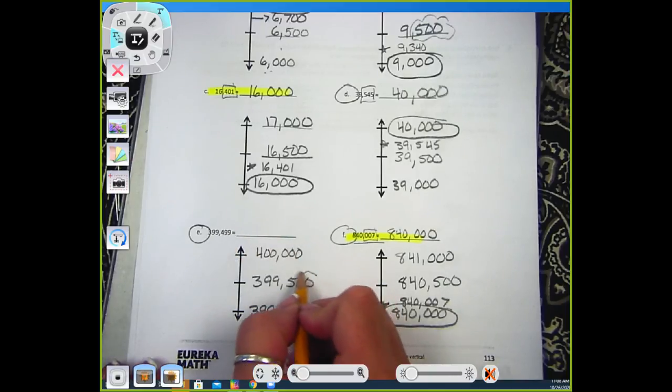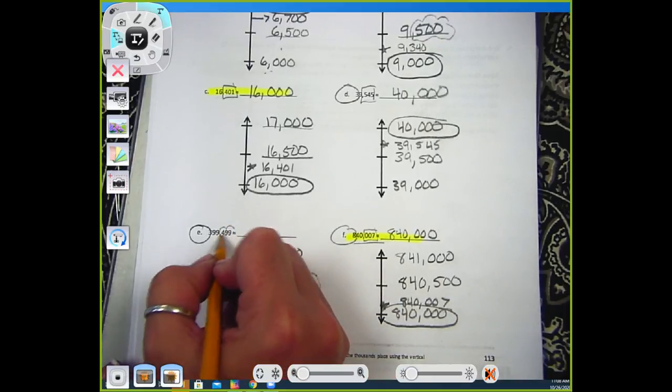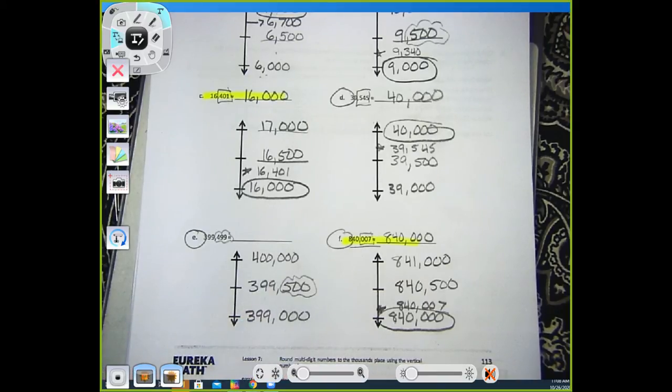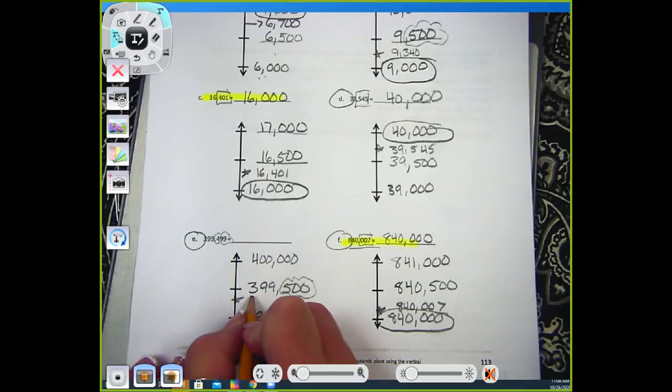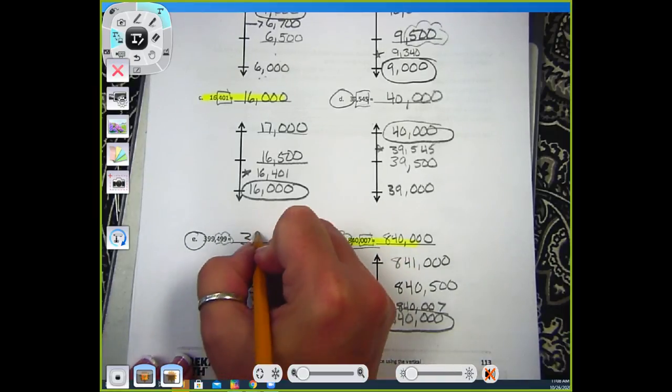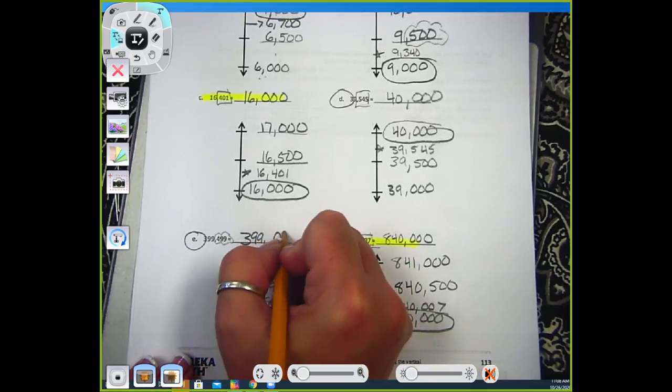So if I look at my 500 here, we have 399,499. Is it going to be above or below? What do we think? Above or below? Ismail, what do you think? Below. Yep, just a little below. So that means we're going to round this to 399,000.